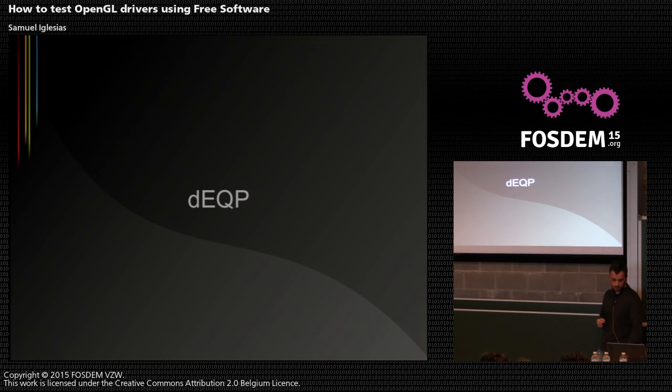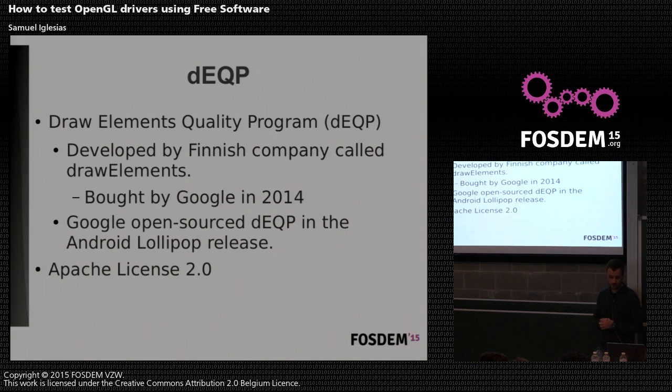The Draw Elements Quality Program was developed as a product of a Finnish company called Draw Elements. Last year, this company was bought by Google, and Google open sourced it as part of the Android Lollipop release with an Apache license 2.0.